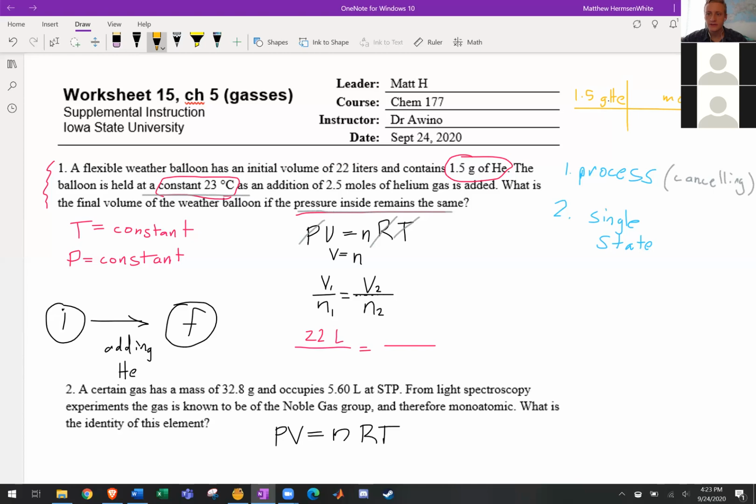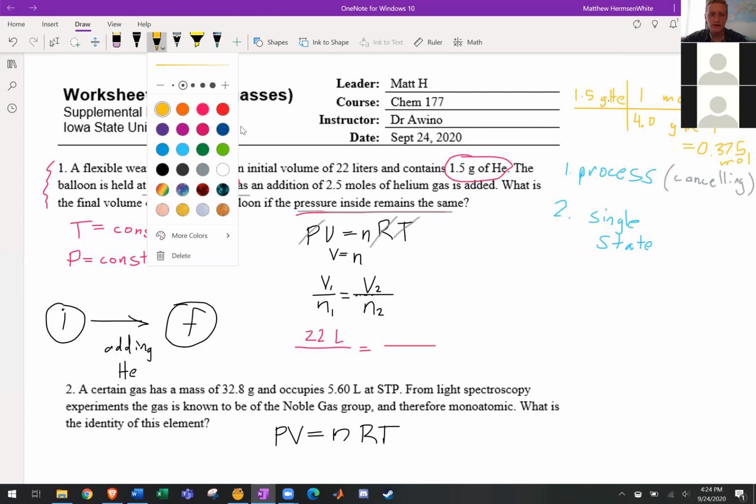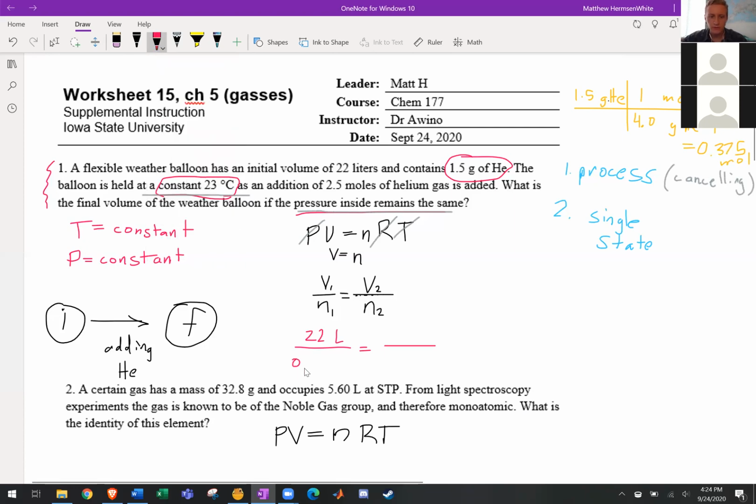From the periodic table, 1 mole of helium has a molar mass of 4.0 grams. So doing this calculation, you should get the moles of helium is 0.375 moles. So we're going to put the 0.375 in for the moles initial.